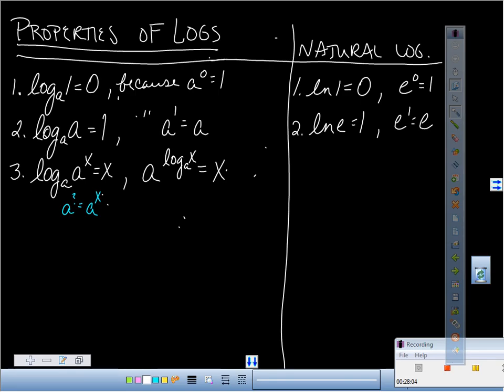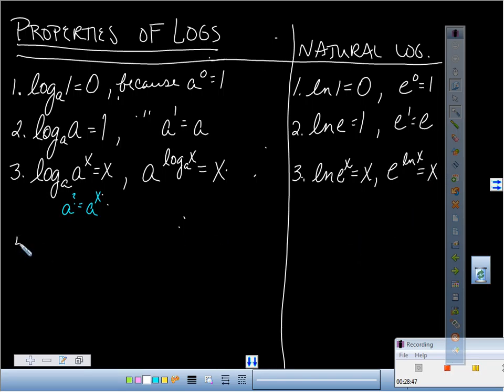Over here on the right-hand side, ln of e to the x is equal to what? X. And e raised to the ln of x is equal to x.